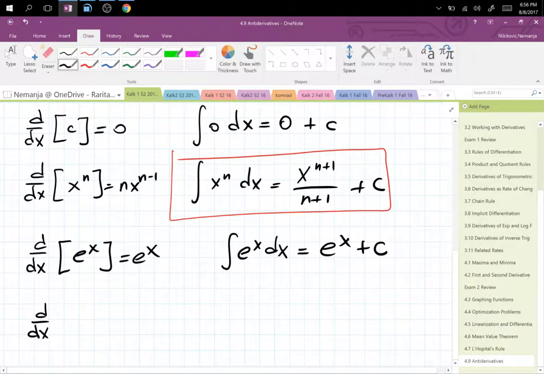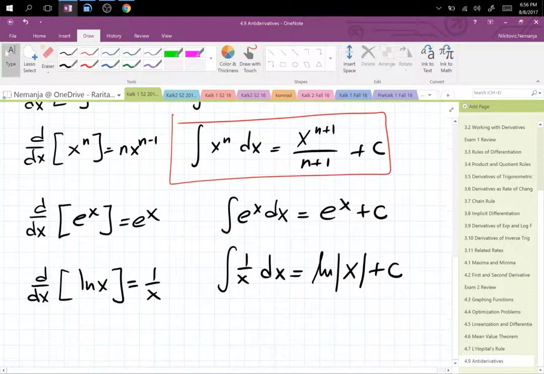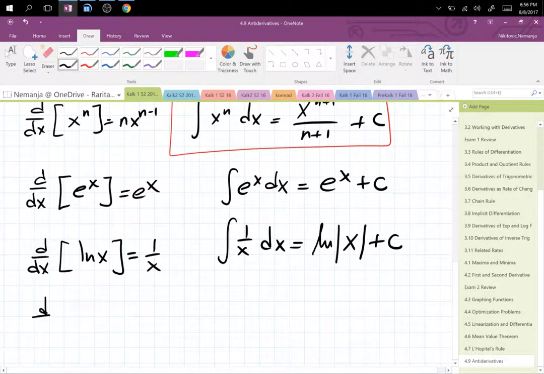What is the derivative of ln x? Very good. So what is the integral of 1 over x dx? You have to put the absolute value. What is the derivative of sine x?